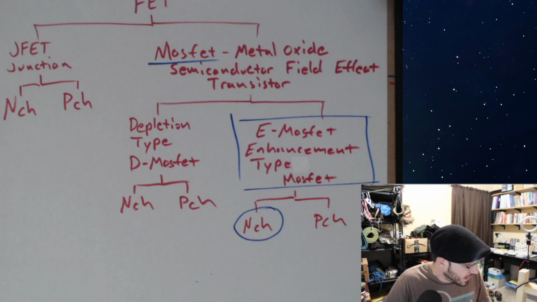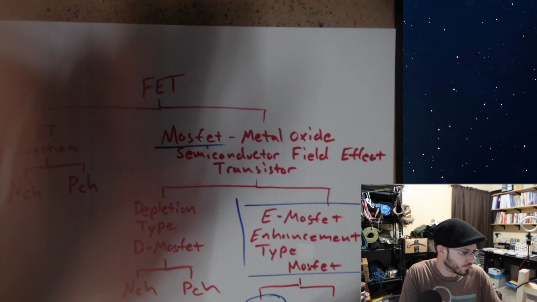Okay, so let's go ahead. Let's zoom in on this MOSFET. Now, the way these guys are constructed, if you look at taking a chunk of silicon, a chunk of semiconductor material, not a good conductor, not a bad conductor, it's a semiconductor.